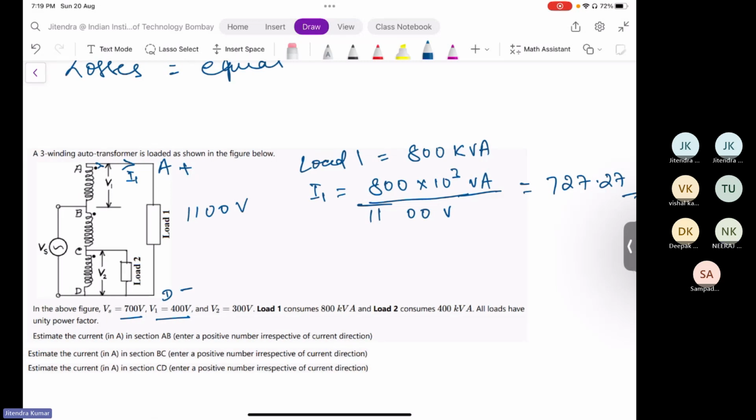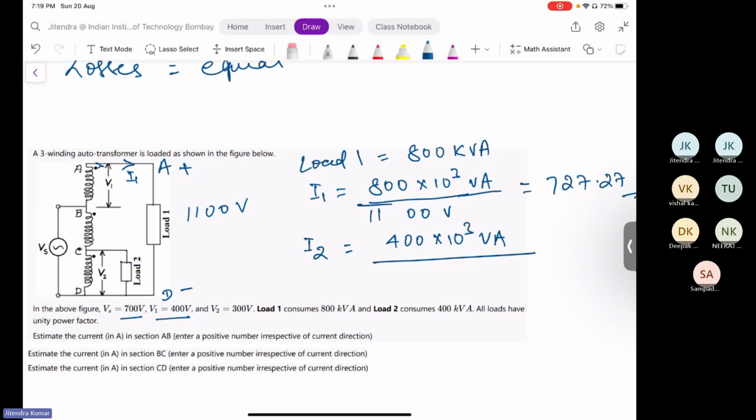We can compute I2 with winding CD, because the CD load kVA is given. So I2 will be 400 kVA divided by V2. Sir, was this question discussed yesterday? Okay, it means I'm repeating. A few students were absent yesterday, so I think you guys are also getting a revision and they will also be benefited.